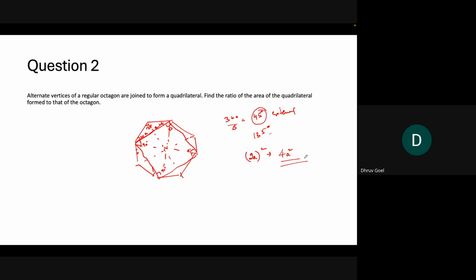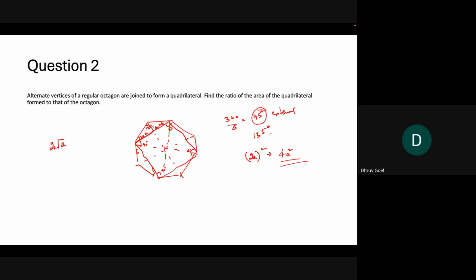Now the question comes: how to find out the area of an octagon? Let's try to see that. As we know, this is the complete diagonal, and if my side of the square is 2a, the diagonal will be 2a root 2.